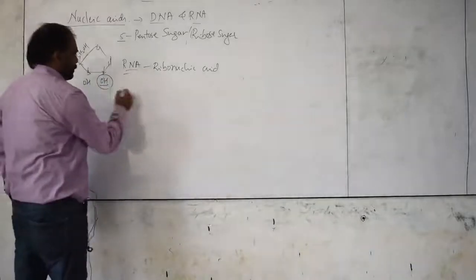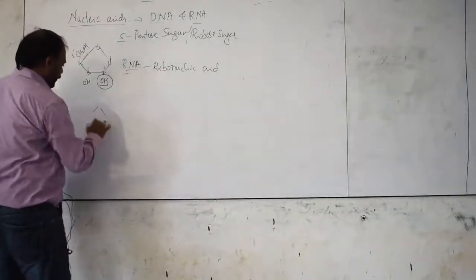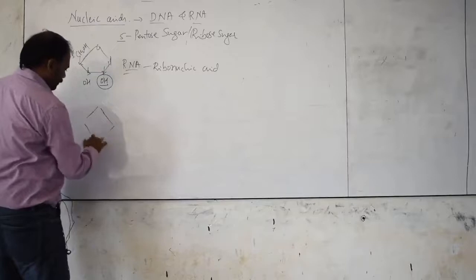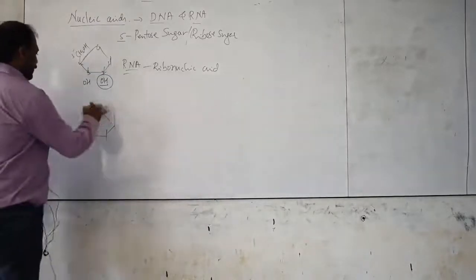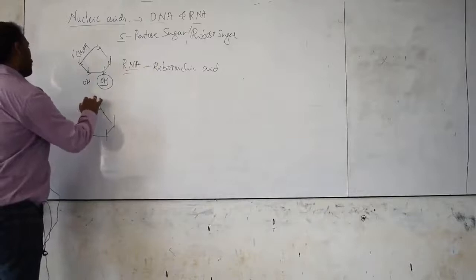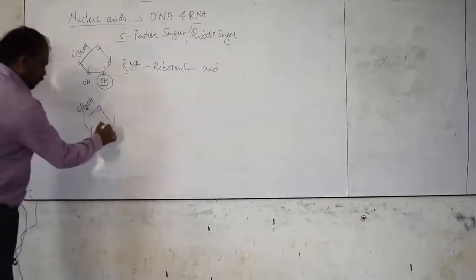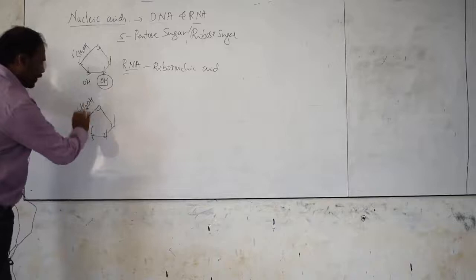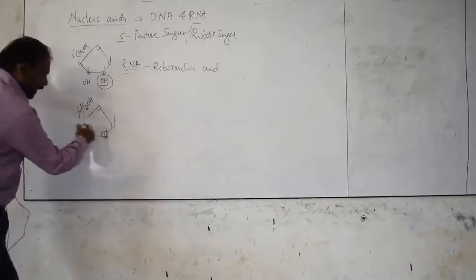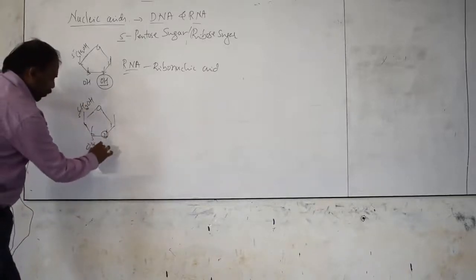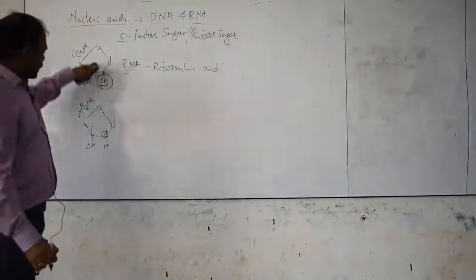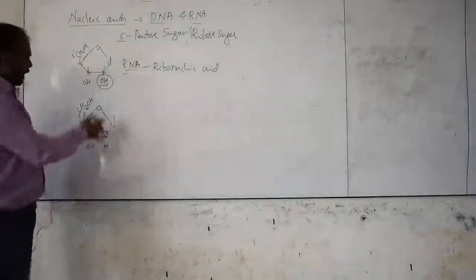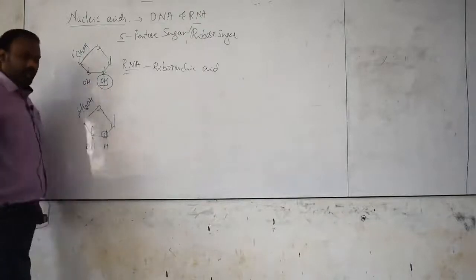At the same time, when we write the structure of DNA, same structure, here we will have 6, that is CH2OH, 1, 2, 3, 4 and 5. At the second carbon atom, if I write only H, can you understand this? See the difference. Here we have an OH group and here we have an H group.